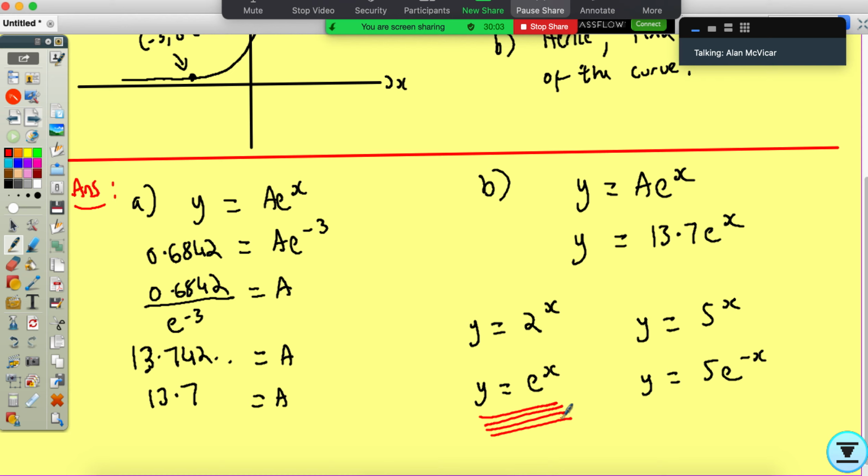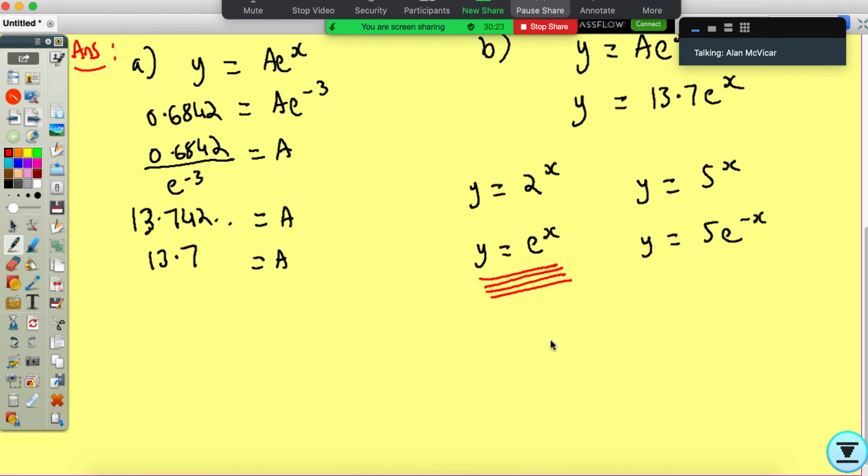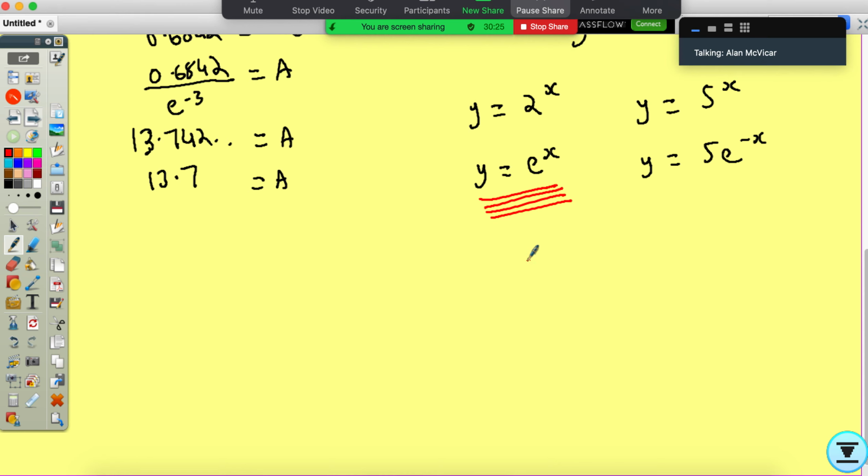This letter E is everything we need to know about exponential growth, right?